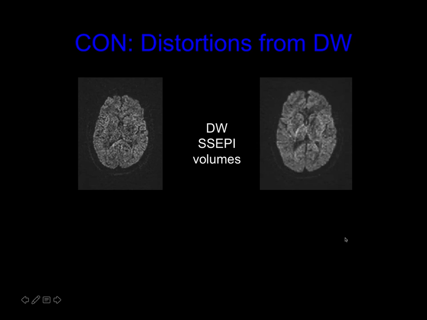So that's the good news about this one. In addition to the EPI-related distortions, we get distortions from the diffusion weighting process. And here what I'm going to play is a movie of the same slice through the brain, and this is before correction. There it goes.